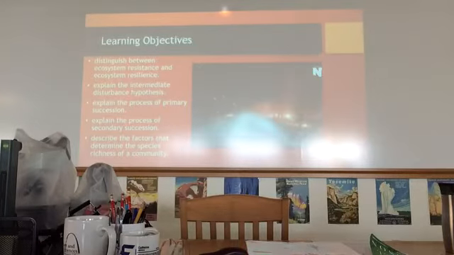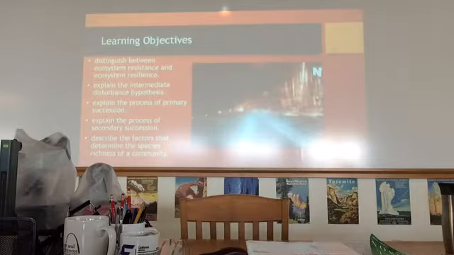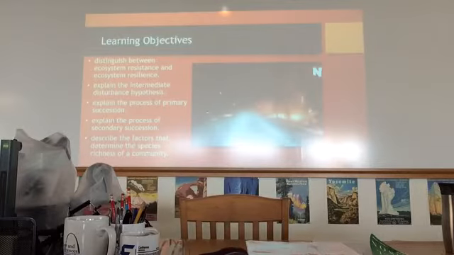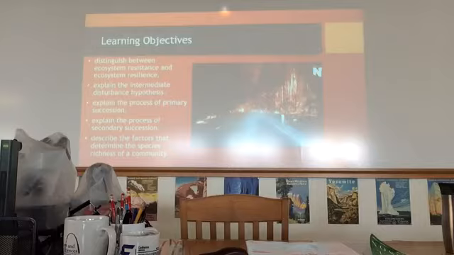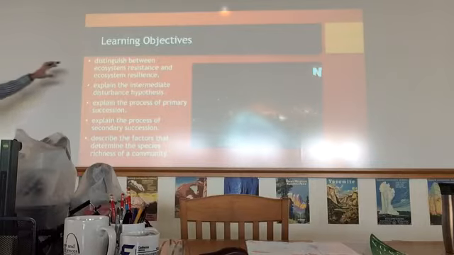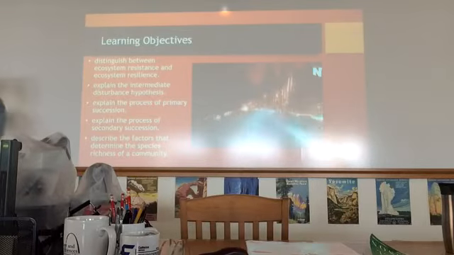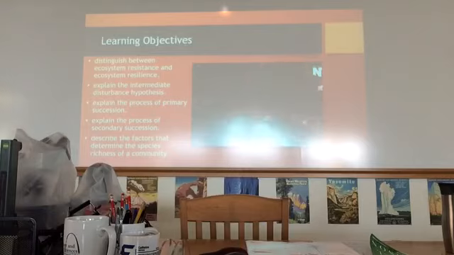So today's lecture, the good thing is you'll have the opportunity to have this material reinforced no fewer than maybe 20 more times before we walk out of this class at the end of the year. Here's what we're going to do today. It's a lot of textbook definition kind of stuff. We're going to understand the difference between resistance and resilience in the ecosystem.